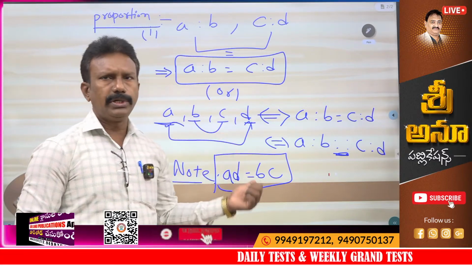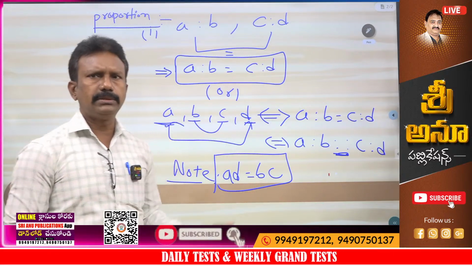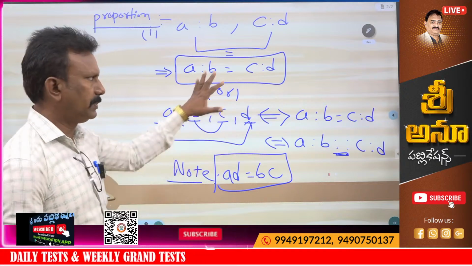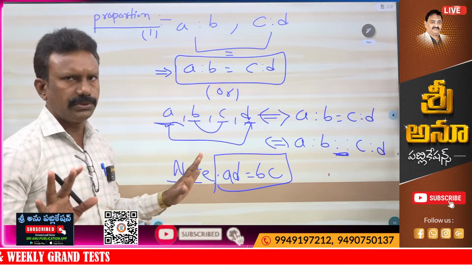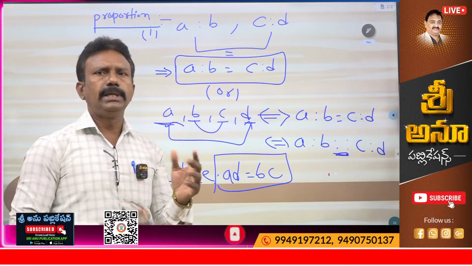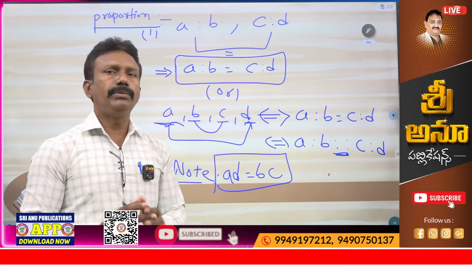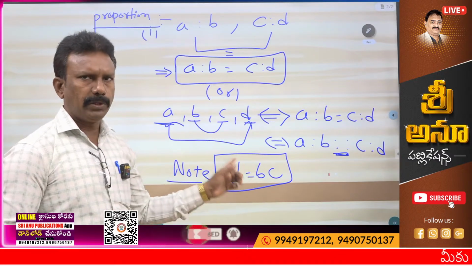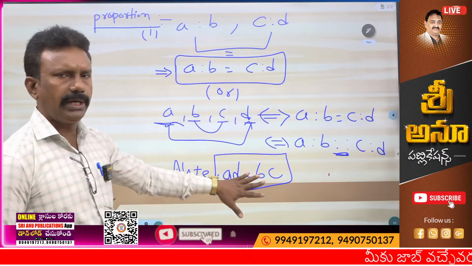So this is the definition of proportion and a condition of proportion. Remember that proportion is equality of two ratios, and we follow one formula, AD equal to BC.